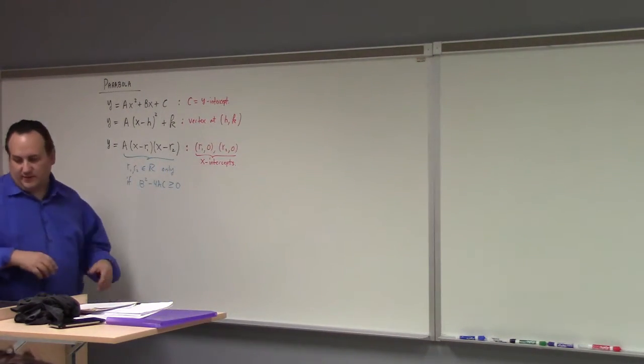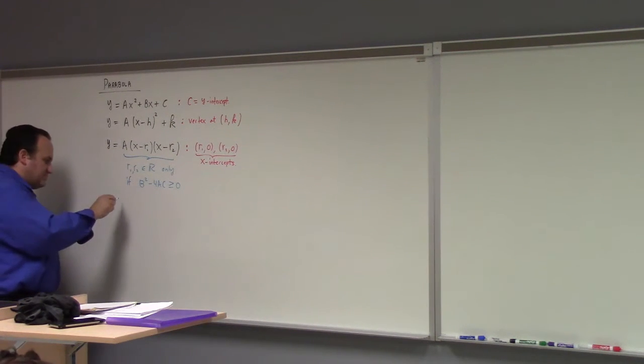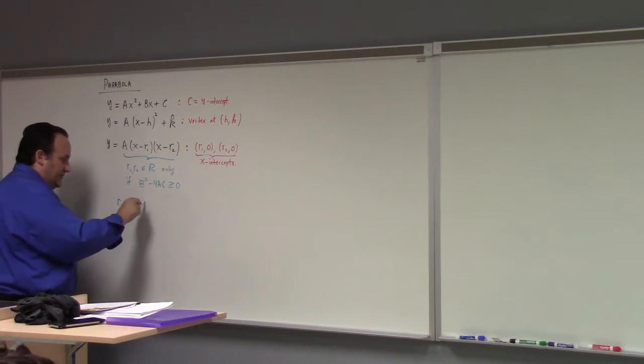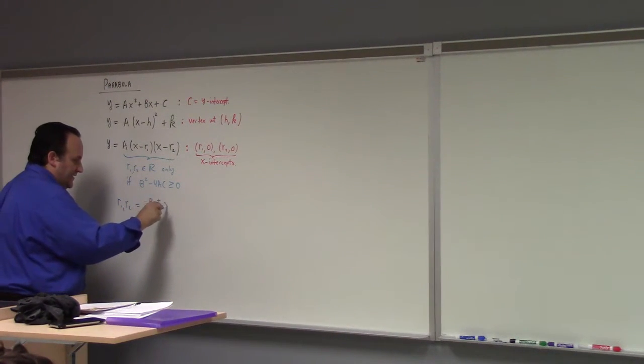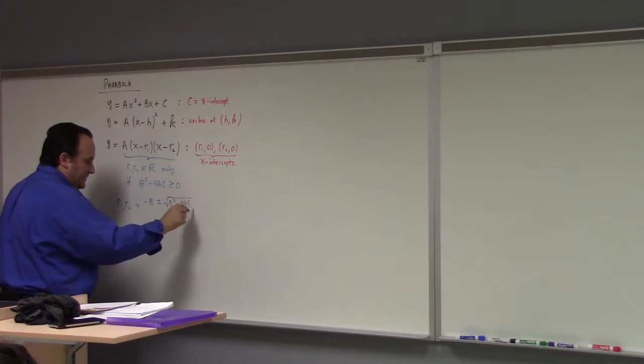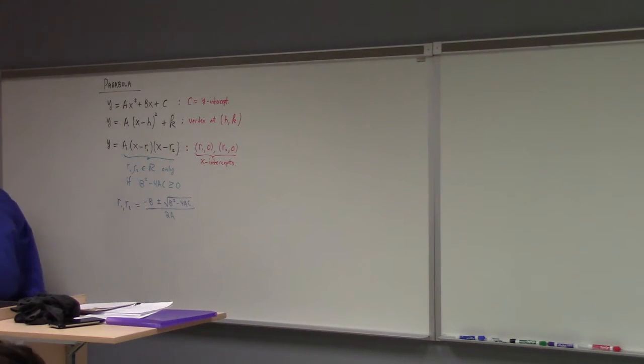And what else did we figure out? Just to reiterate, we have formulas. We know that r1 and r2 are equal to minus b plus or minus the square root of b squared minus 4ac, divided by 2a. That's the quadratic formula, so it tells you where the x-intercepts are. It's not usually the right way to find them, but you can.